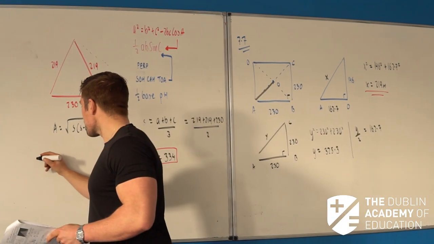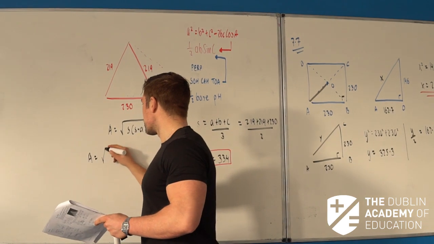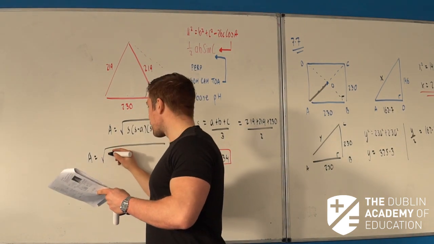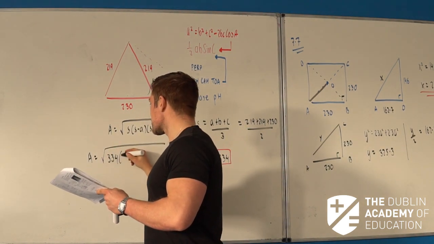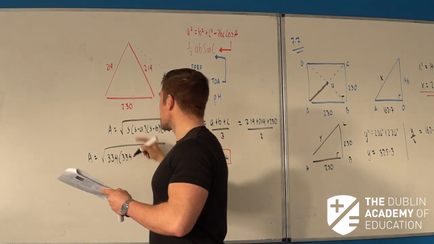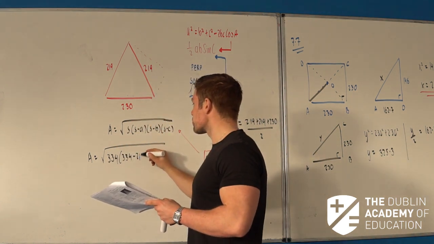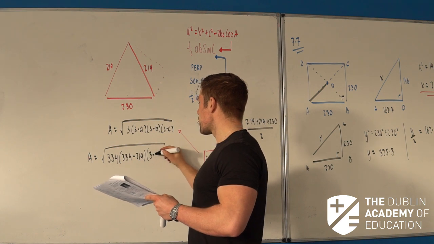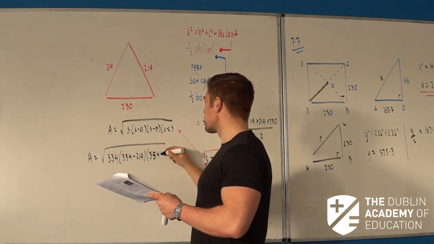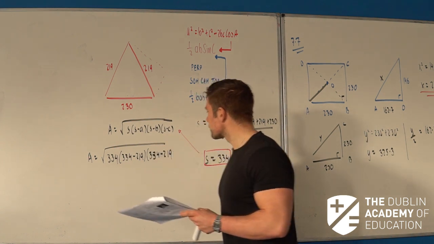So the area is equal to the square root of S times (S minus A). Now it doesn't technically matter which one is A, so I'm just going to put in 219. S minus B, grand.